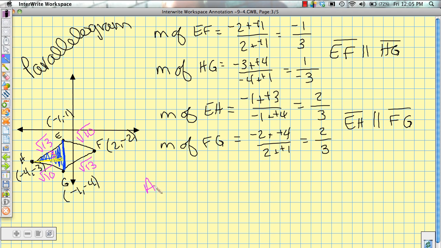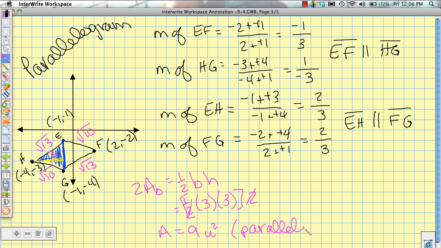So to find the area of one triangle, it's 1/2 base times height, where we know that the base is 3 as well as the height. Now since we have 2 congruent triangles here, we're going to end up multiplying that area by 2. So if we go ahead and multiply by 2, we can simplify this, and we get that the area is 9 units squared for the parallelogram.